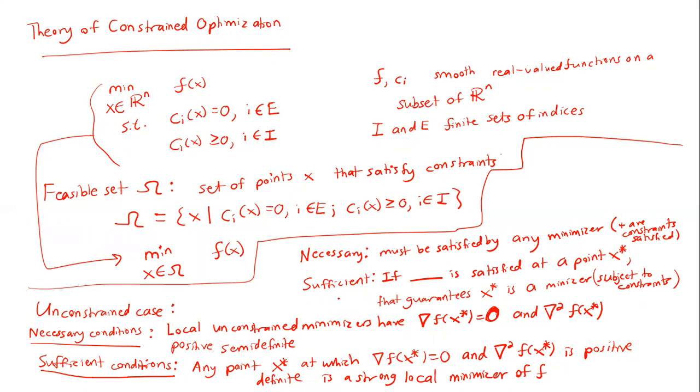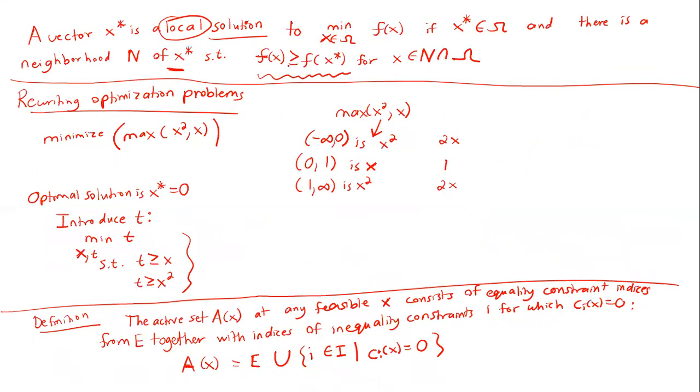But now with constraints, we have to develop conditions that ensure that in a neighborhood of the point I'm looking at, and among the points that are in the feasible set, the value of the objective function at my current point is no worse than the value at neighboring points.